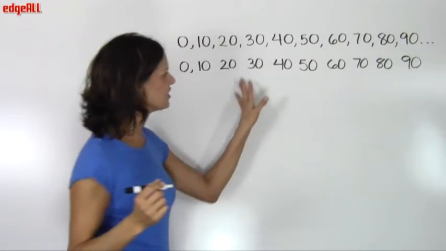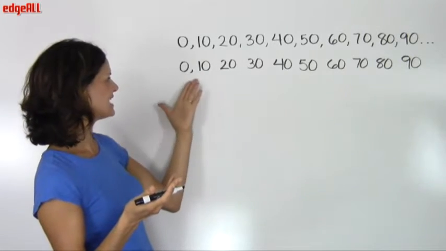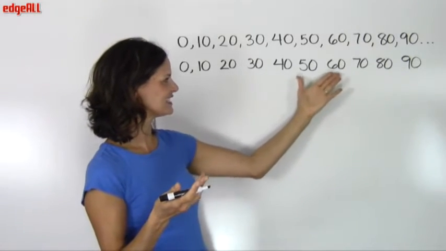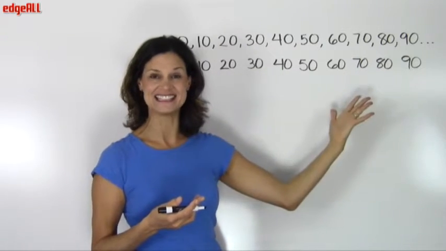If we attach a 0 to the end of each number, then we get our tens again. We get 10, 20, 30, 40, 50, 60, 70, 80, and 90, all of the tens.